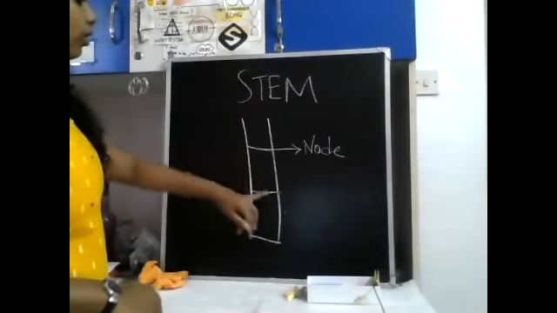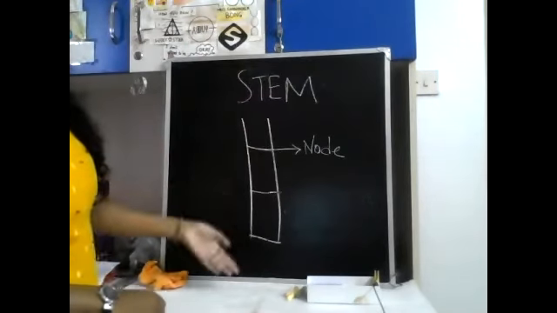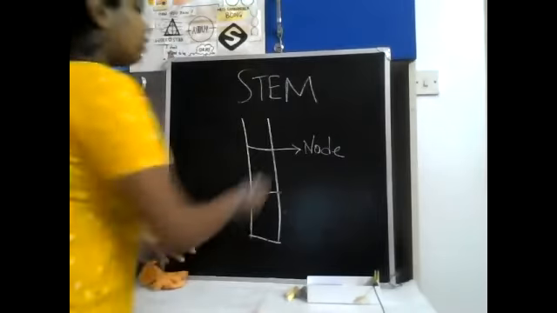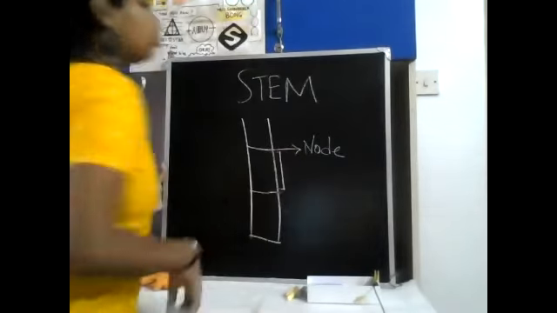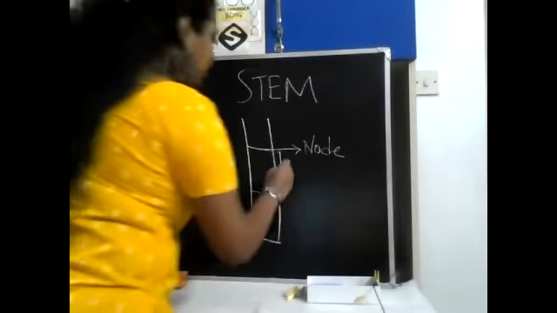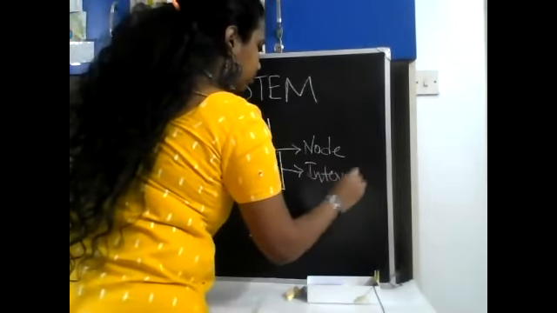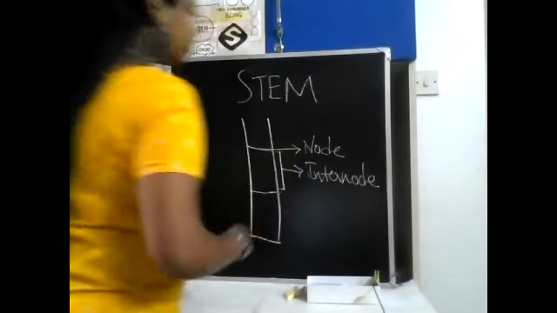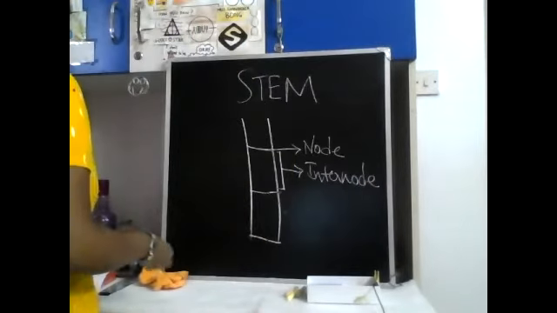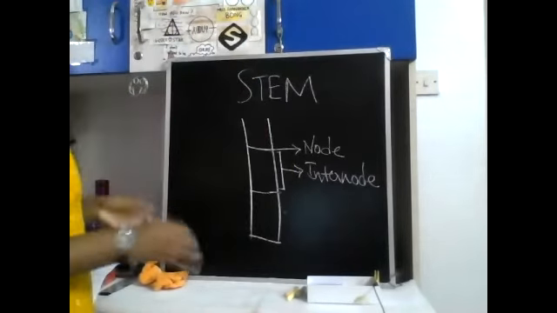Okay, this is a node, this is a node, this is a node, and so on. Then the distance between two nodes is called the internode. Okay, so you have the node and the internode.